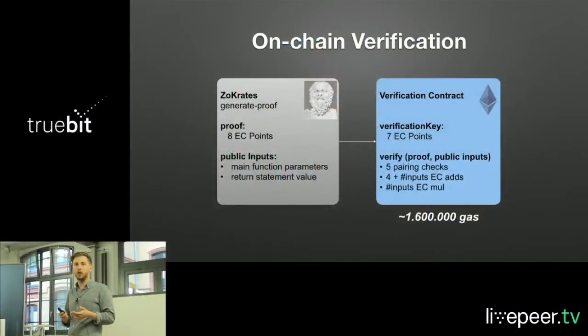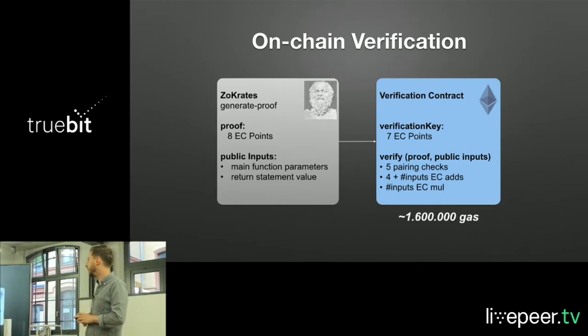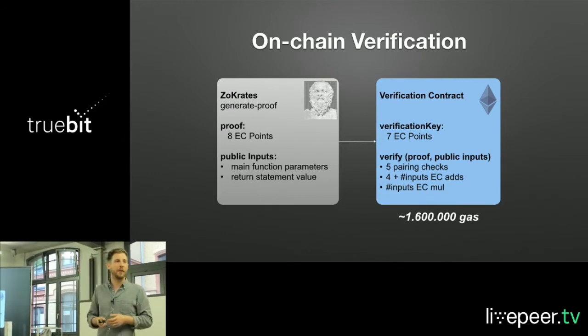This verification contract internally has a verification key that came out of the setup phase and has 7 elliptic curve points, and then performs a verify operation, and it uses the precompiles that were added with the Byzantium release to do pairing checks and other elliptic curve operations to validate the proofs.